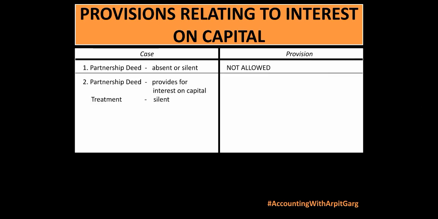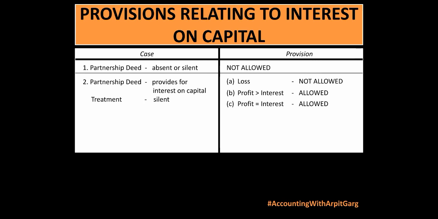Second, if partnership deed says that we need to provide interest on capital but did not tell about the treatment, whether it is charge against profit or appropriation of profit. In that case, we will check if we have got loss, then it is not allowed. But if we have earned profit and that profit is more than the interest, or we can say more than the appropriations, then it is allowed, as we are having the sufficient amount to distribute.